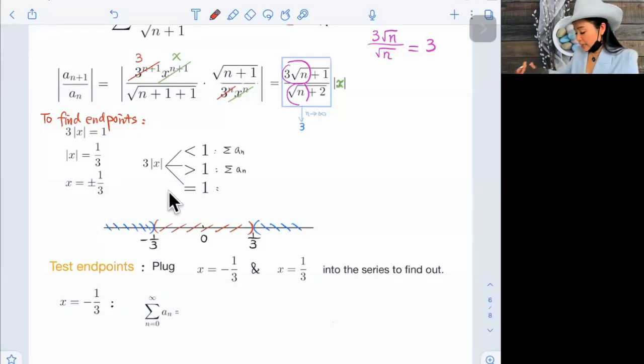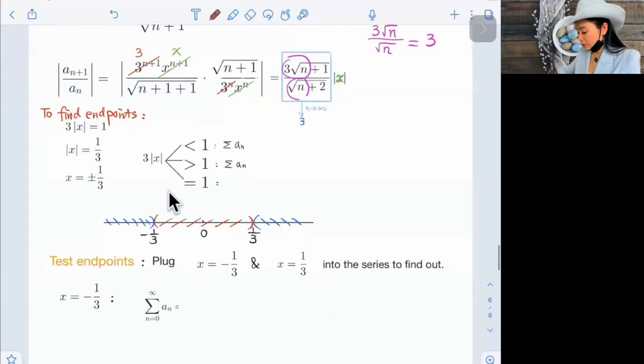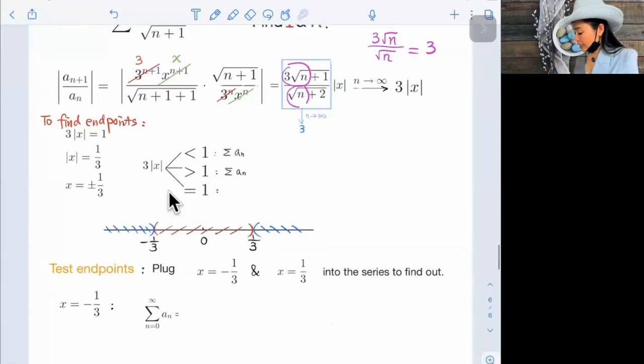Okay. By the ratio test, do you remember that? If this limit, remember this limit right here, when this limit is less than 1, then the series is going to converge, and converge absolutely.